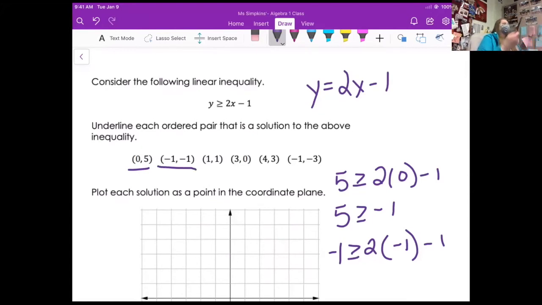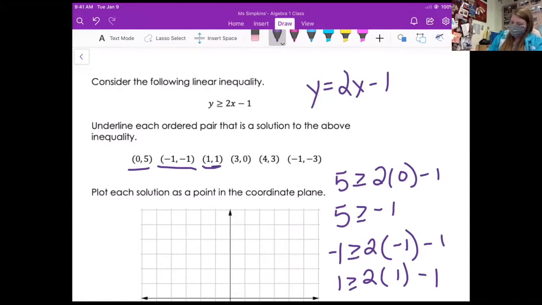Yeah, thinking negatives. -1 is greater than or equal to -3. All right, let's try 1, 1. 1 is greater than or equal to 2 times 1 minus 1. What does the right-hand side equal? 1. Is 1 greater than or equal to itself?